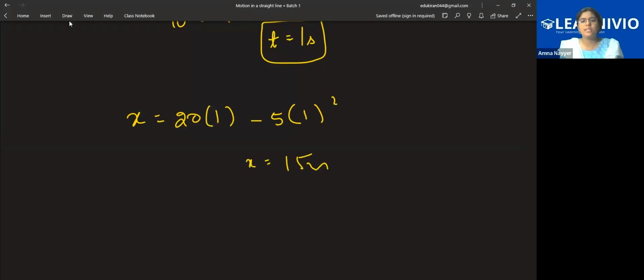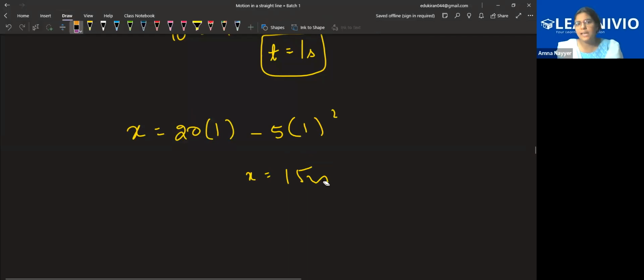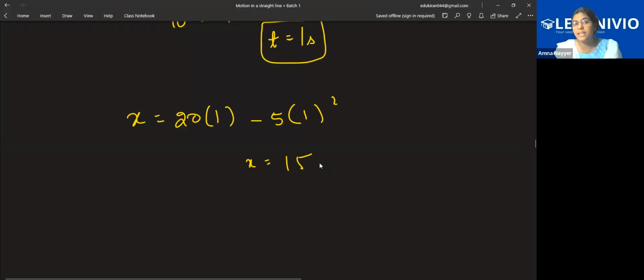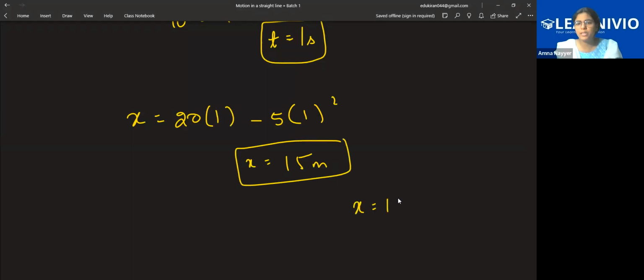Now see, in this particular calculation, I had taken g as 10 for the calculation purpose, because I have to begin with the next portion. Otherwise, if you go properly, your answer would come 15.1 meters something, the actual answer, if you do not neglect.